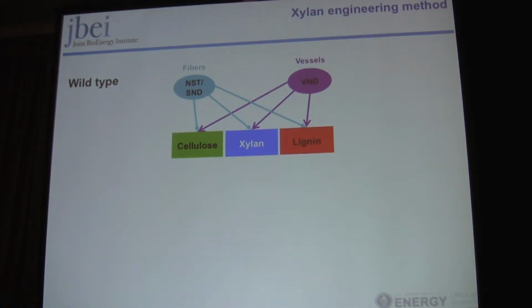Now, before I talk about our strategy to xylan engineer these plants, let's look at the cell wall regulatory network in the wild type. We have specific transcription factors in the fibers and the vessels that regulate transcription of genes that make the secondary cell wall material. In the xylan biosynthesis mutant, there's a mutation in the xylan biosynthesis gene, and it no longer is controlled by these transcription factors.